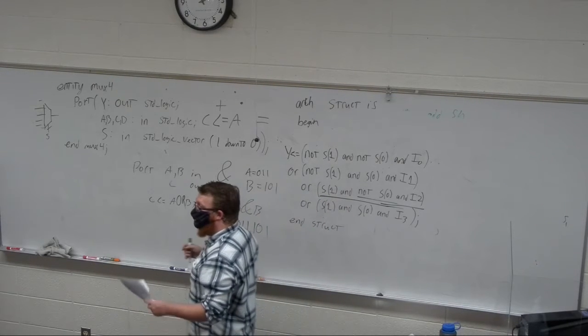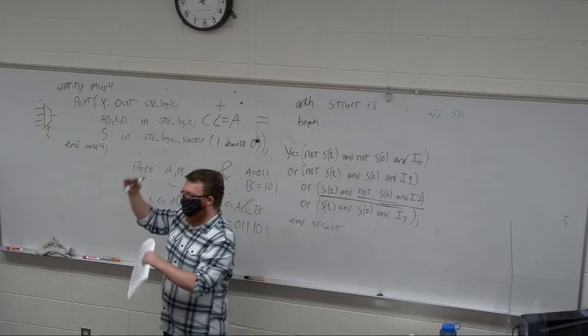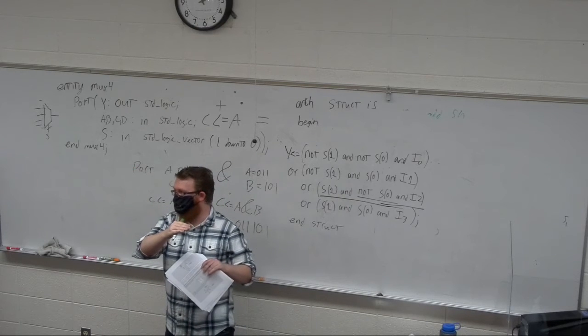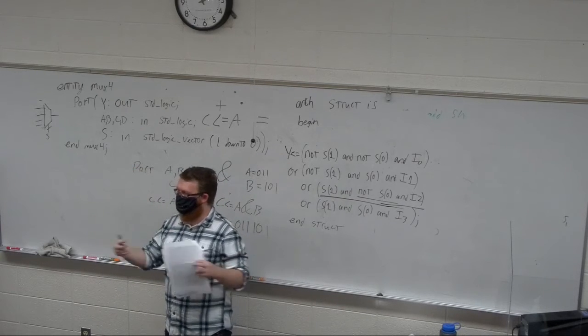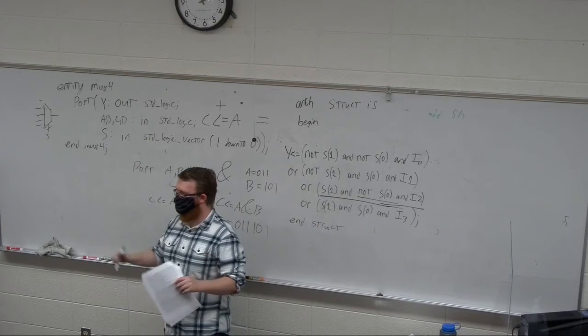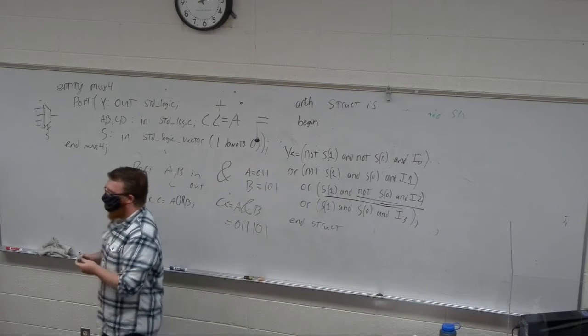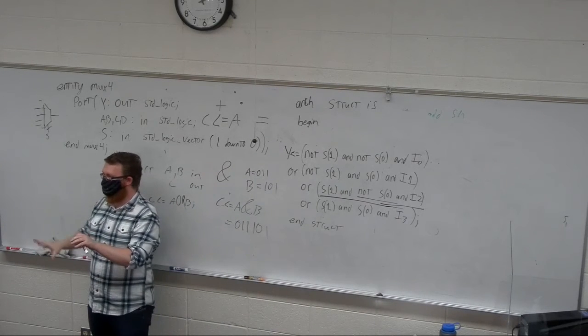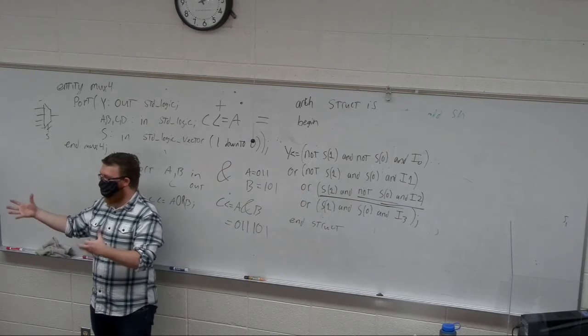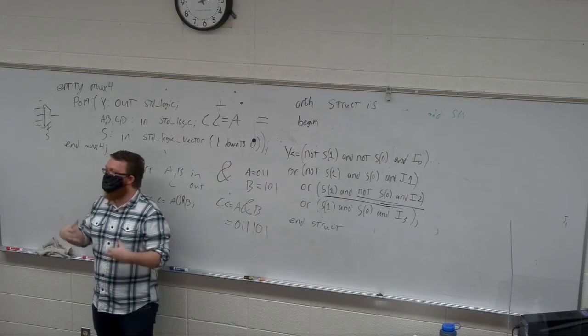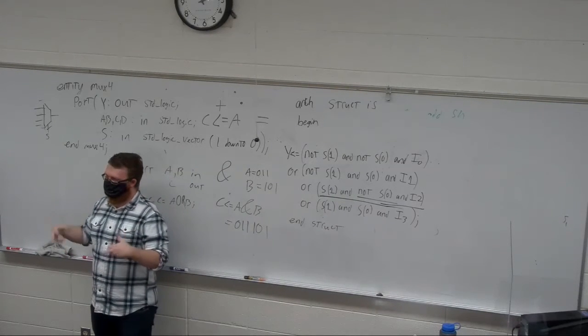Most of the time, you will design blocks that are either structural or behavioral, and then you'll connect them together with a structural. So in the real world, most of your modules, like your adder, are going to be behavioral, and then you connect them together using structural.